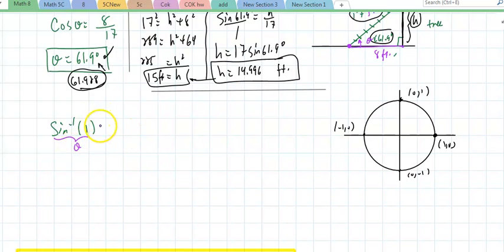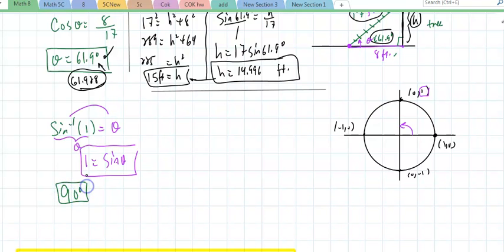So if you let this be theta, that means 1 must have equaled the sine of theta. And where does y equal 1? Y equals 1 only in one place on this whole circle. That's when the angle is 90 degrees. So my answer is 90 degrees and I'm done.